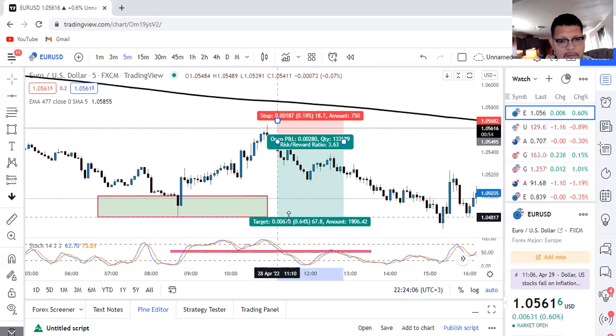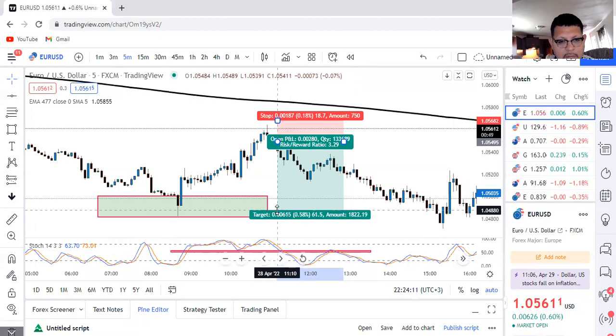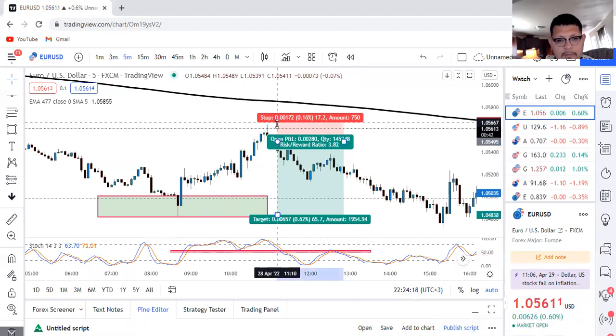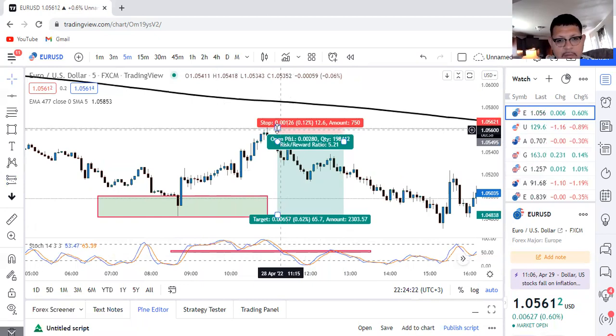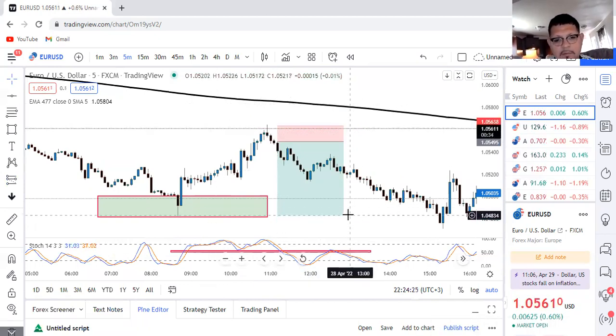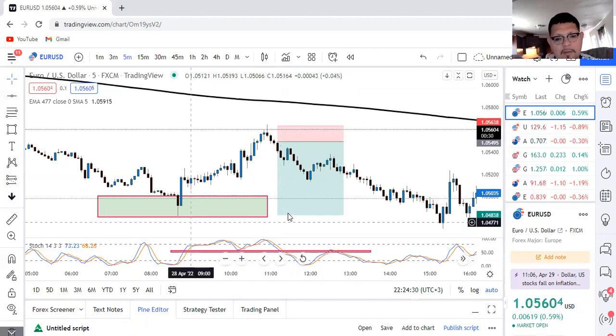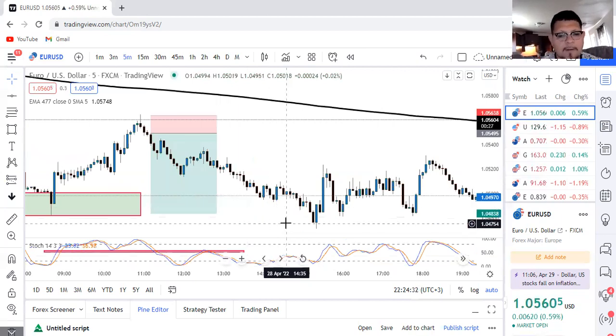That's 60, 65 pips with a stop loss of 13 pips. 13 pip stop loss, 60, 65, 66 pips of take profit. And it goes straight there, guys. All right.